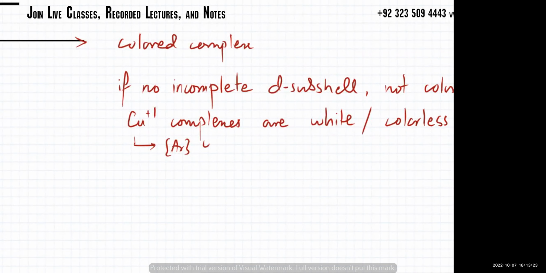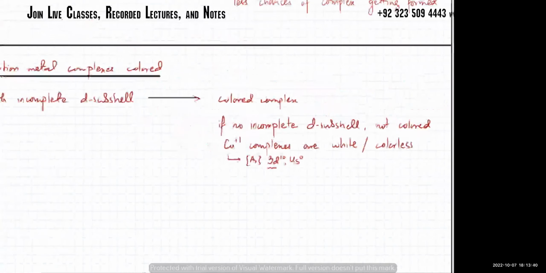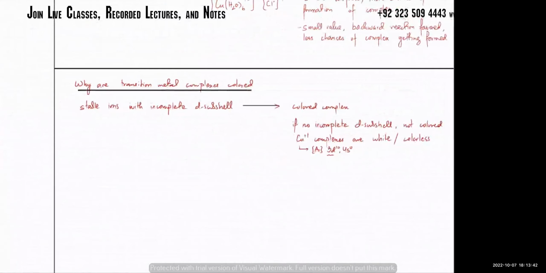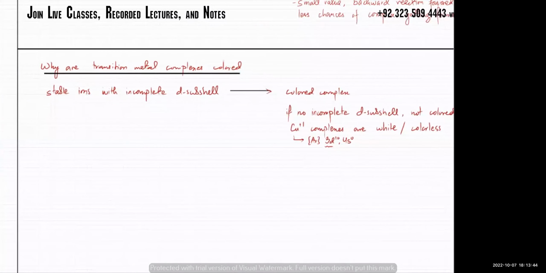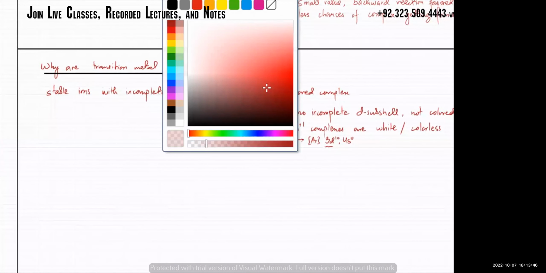Sorry, it's actually 3d10 and 4s0. I mean, it was 4s1, but now it's 0. So that's the electronic configuration of copper plus 1. So the d is full. So anyway, what you need is an incomplete d subshell. That's extremely important.